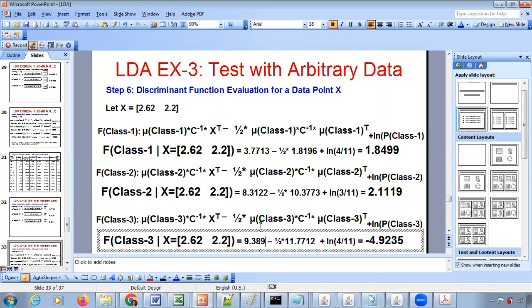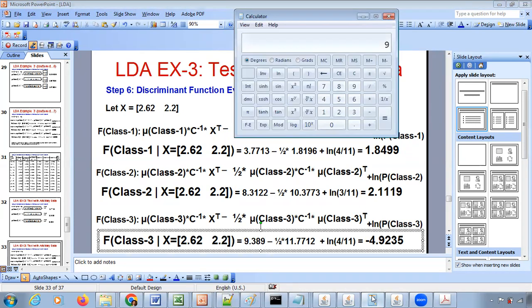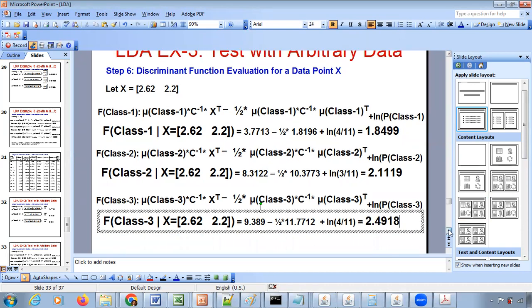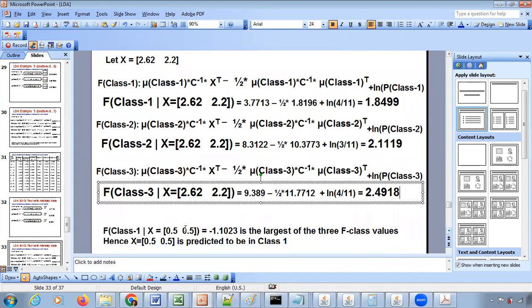So 9.389 minus half times 11.7712 plus the logarithm of 4 over 11 is 2.4918. So the largest of the three F values is 2.4918.